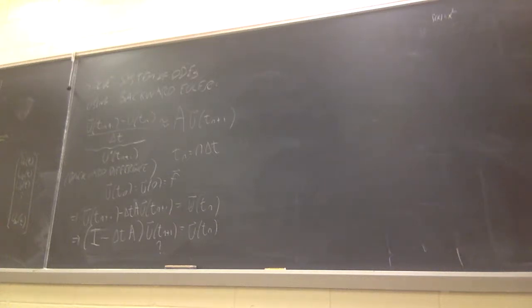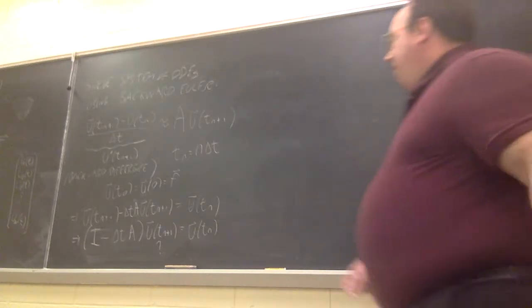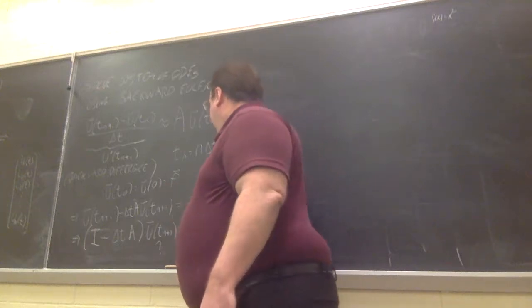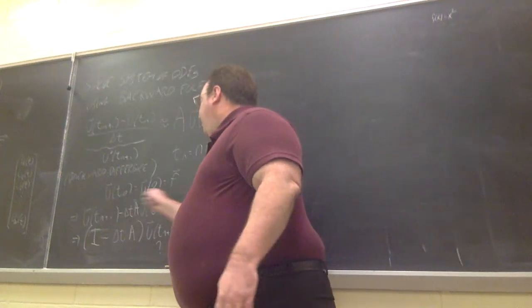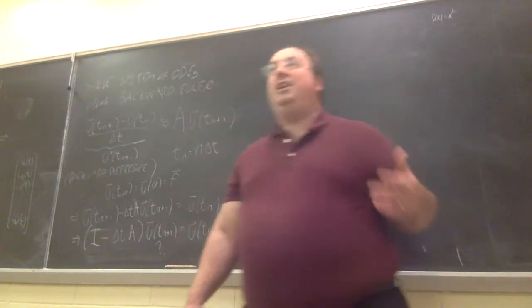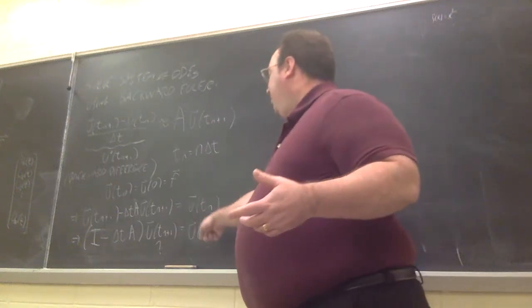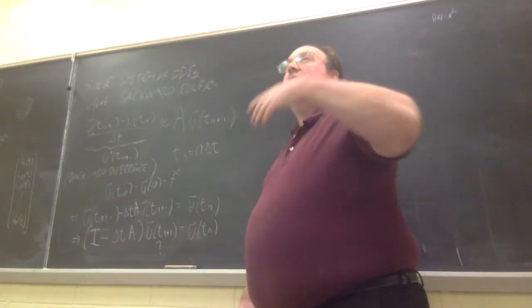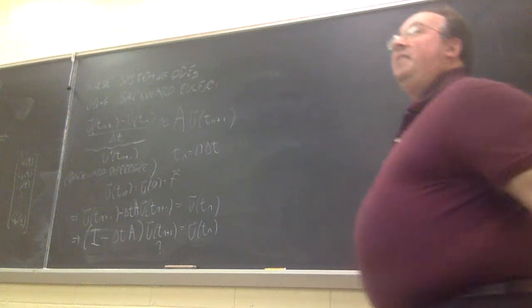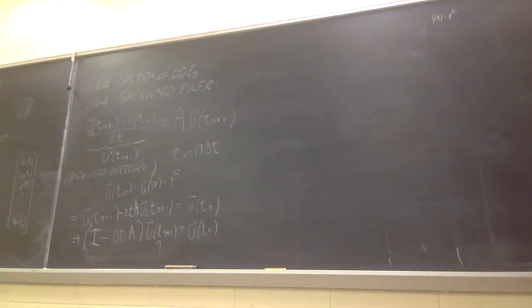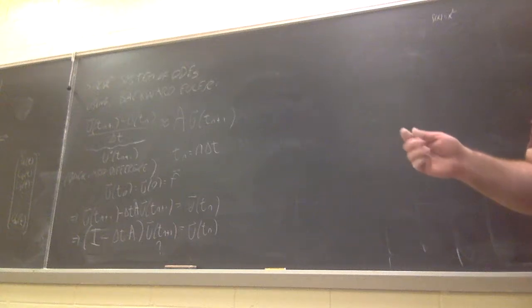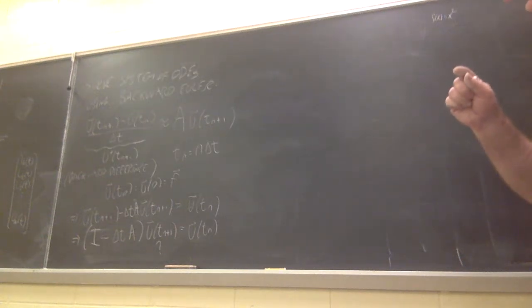What I can do now is, if I start with my initial data over here, then I solve the system of equations and I get u of t1. Then I substitute that over here, on the right side, solve for u of t2, and I keep going. So now I'm solving a system of equations repeatedly to solve my initial boundary value problem at these selected uniformly spaced grid points x, at these selected uniformly spaced times Tn.